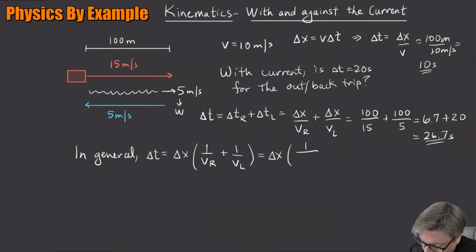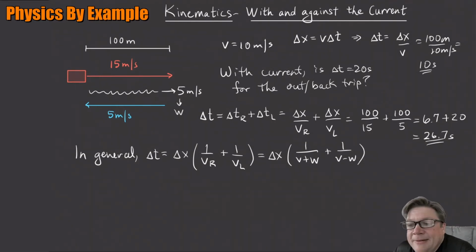Let's just call it W. I was going to call it V sub W, but that's too many letters. So that's just the speed of the water. And the 10 meters per second, that's the speed of the boat, right? So V right is V plus W. And then this is 1 over V minus W.